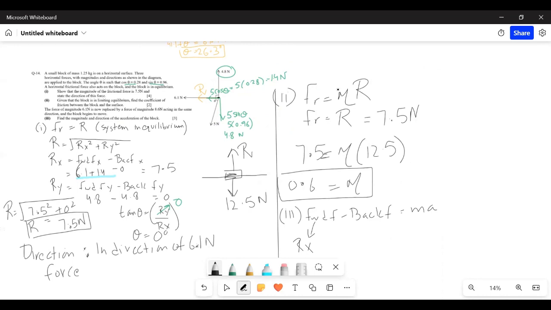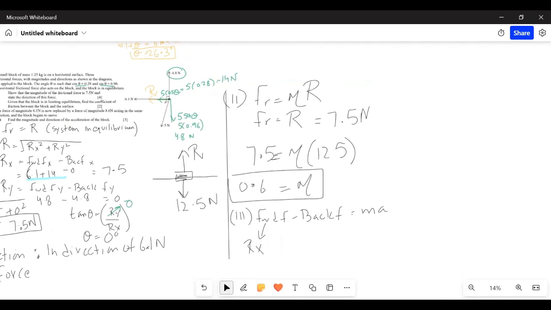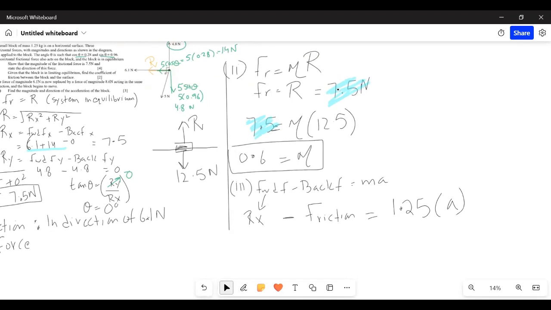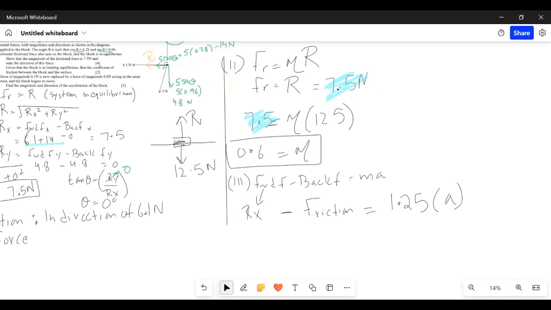So अब नया rx निकालते हैं. बैकवर्ड फोर्स क्या है? अब फ्रिक्शन है, सो माइनस फोर्स ऑफ फ्रिक्शन इज इक्वल्स टू मास है 1.25 और ए हमने निकालना है. ओके, फ्रिक्शन भी हमें पहले से पता है, फ्रिक्शन है 7.5. So friction minus 7.5. So now we only need Rx.